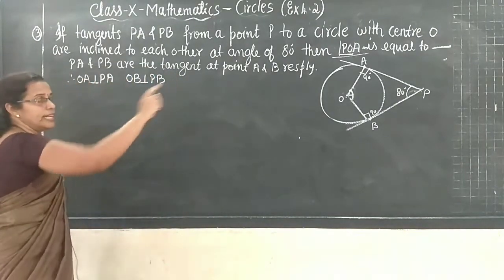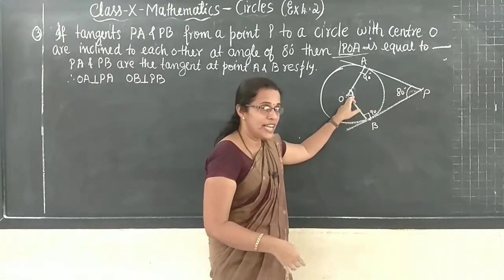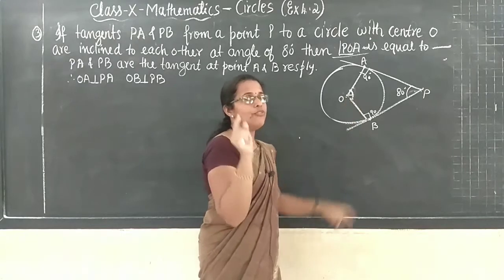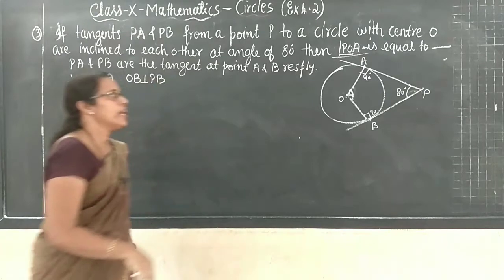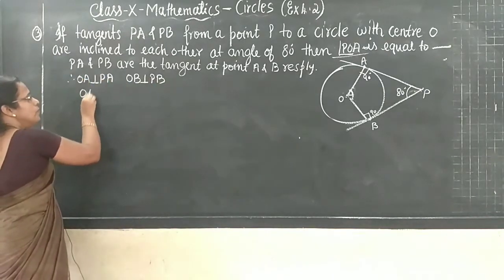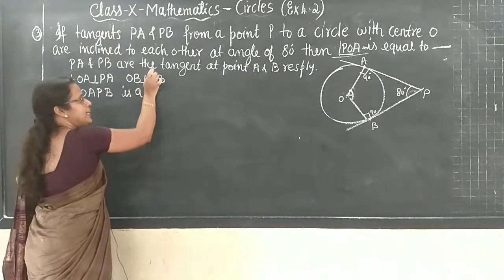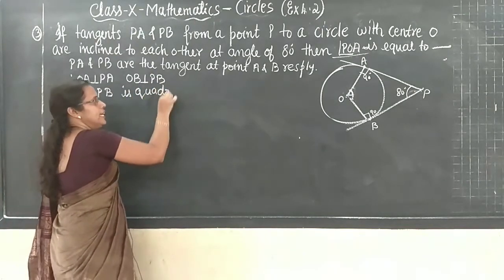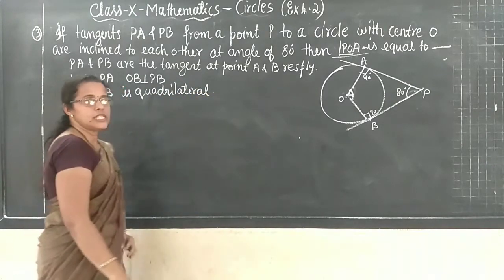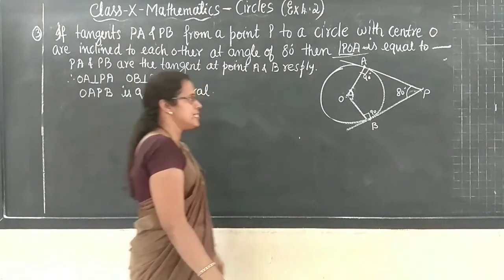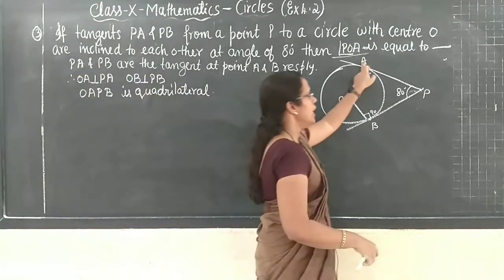Yes, children, all three angles I know. Can we find this one by using the angle sum property of a quadrilateral? Once again, the same thing as the previous problem. Please write down here: OAPB is a quadrilateral. If it is a quadrilateral, what is the sum of all four angles? 360 degrees.